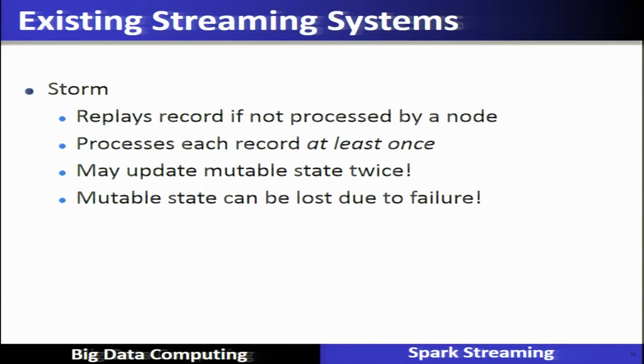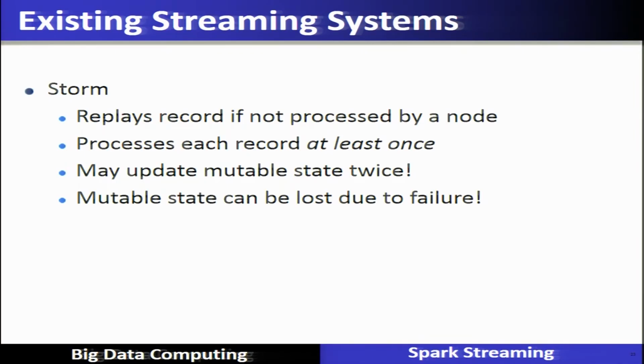Now, the existing system for streaming data analysis is called Storm, and it replays the record if it is not processed by the node, and therefore sometimes it provides at-least-once semantics.